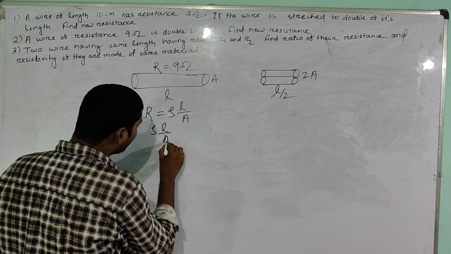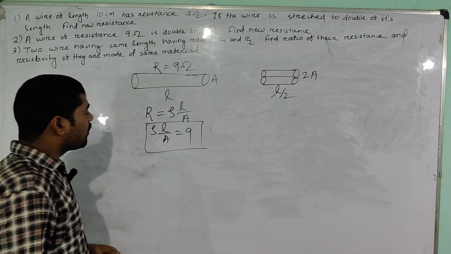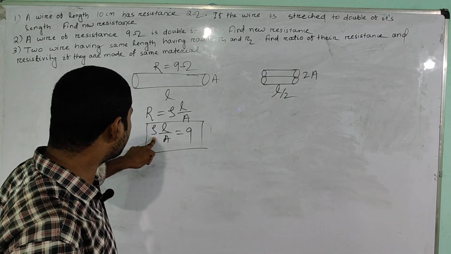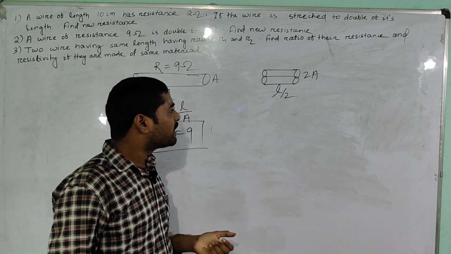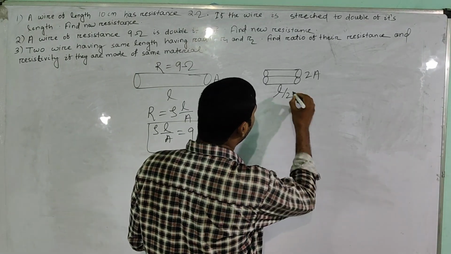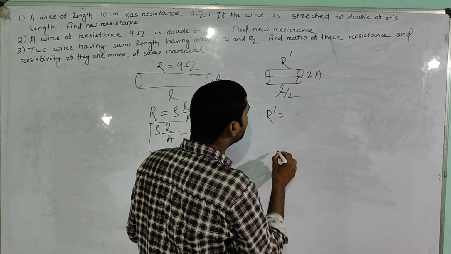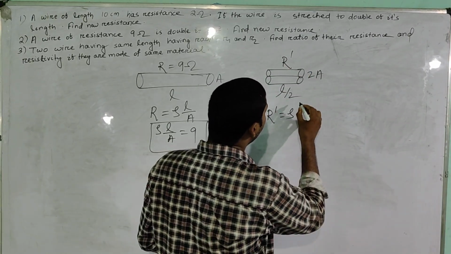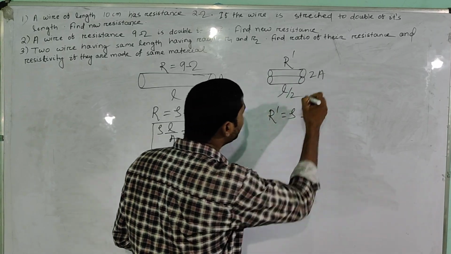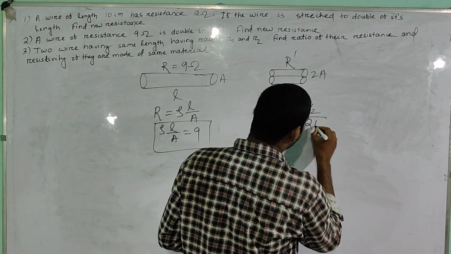Rho is the resistivity, constant for the two cases. So here resistance R dash equals rho, length is L by 2, area of cross section is 2A.